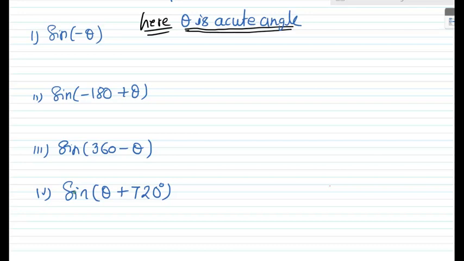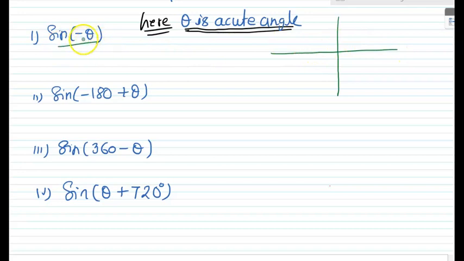Welcome back. If you have tried, just check your working with my working. So here, first question, sin minus theta. Theta is acute, so suppose let theta be 30 degree. Because the angle is negative, sin is moving down in the clockwise direction, in this direction.